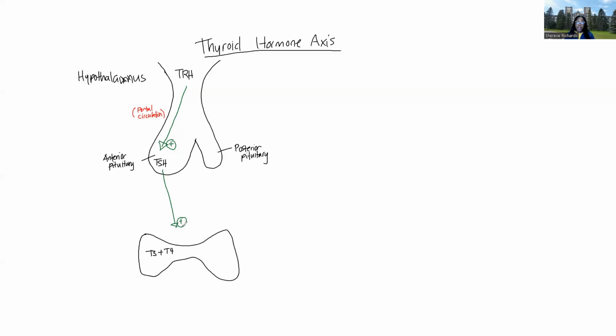TSH has to bind onto that receptor on the thyroid follicular cell membrane, and then it's going to have a second messenger effect in the cell, which is going to result in uptake of thyroglobulin, which is that storage form, and then that can be converted into active forms, which are T3, T4, and that is released out into the blood. So that's the mechanism that we described earlier, and this is exactly where it's happening as far as this entire axis. So T3, T4 is released.